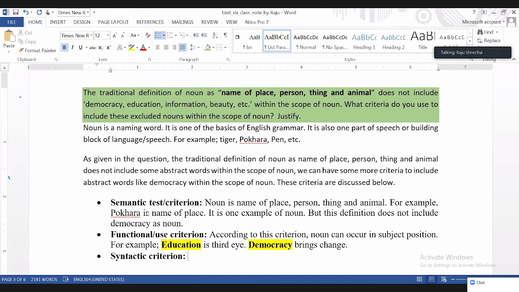Now how do we look at the syntactic criterion? According to this criterion, a noun can be formed by adding suffixes. For example, when we add -s or -es, it becomes plural, right?